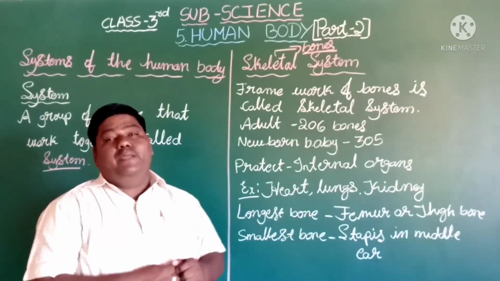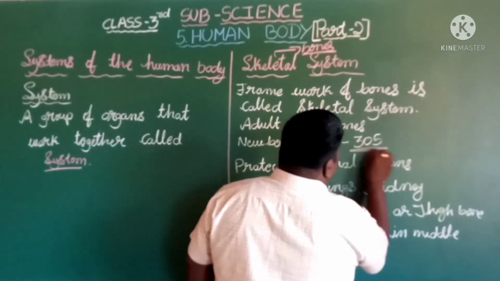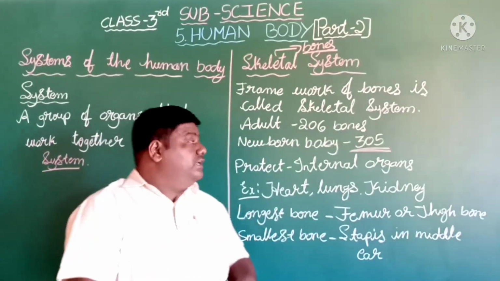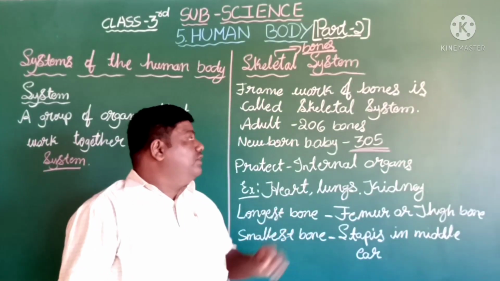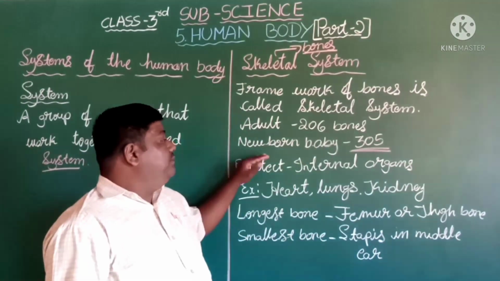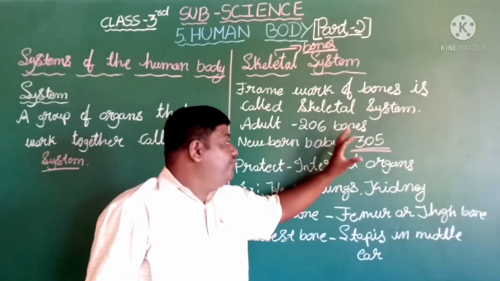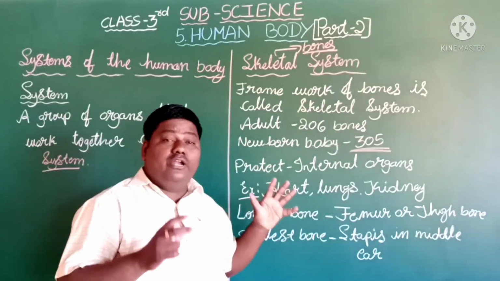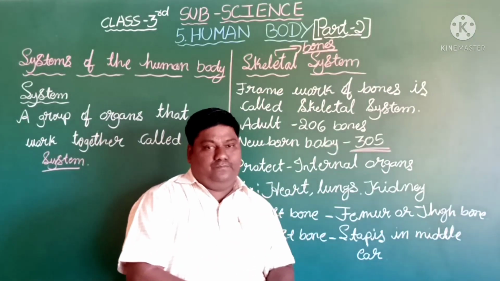In a newborn baby, how many bones? 305 bones. Why? In adults, we are seeing only 206 bones. In a newborn baby, we are seeing 305 bones. Nearly 100 bones extra. How is it possible?